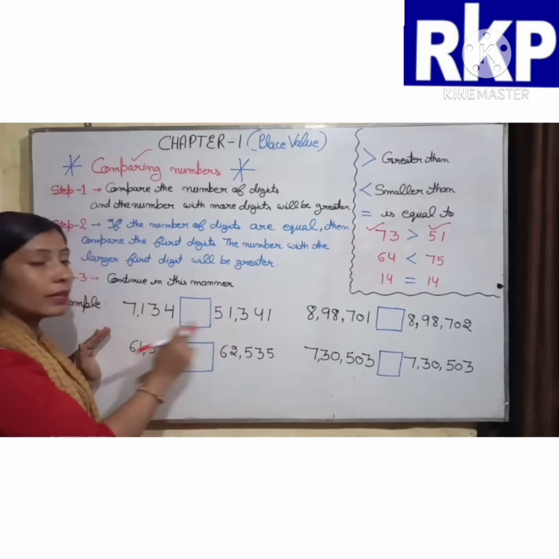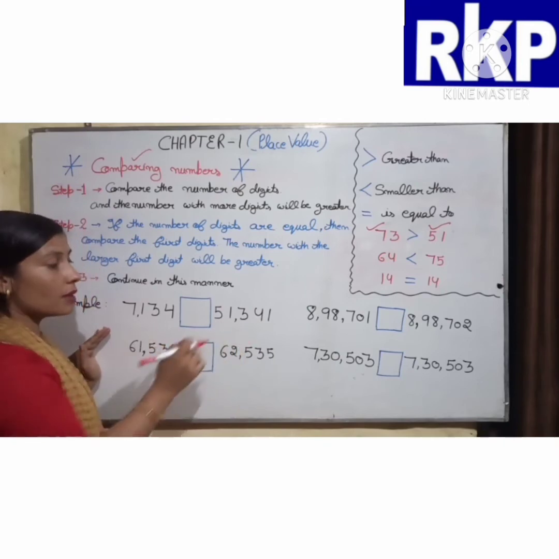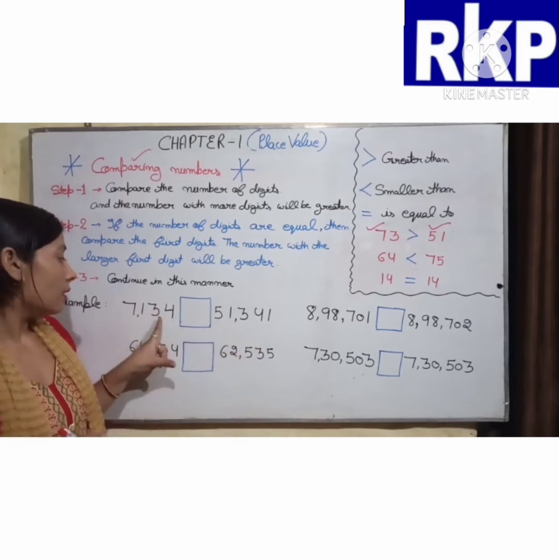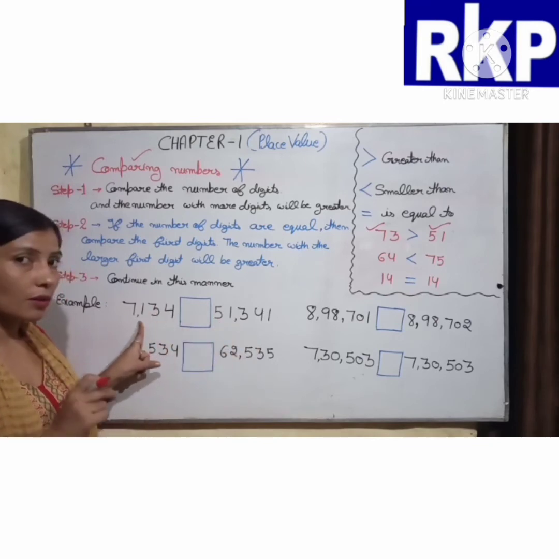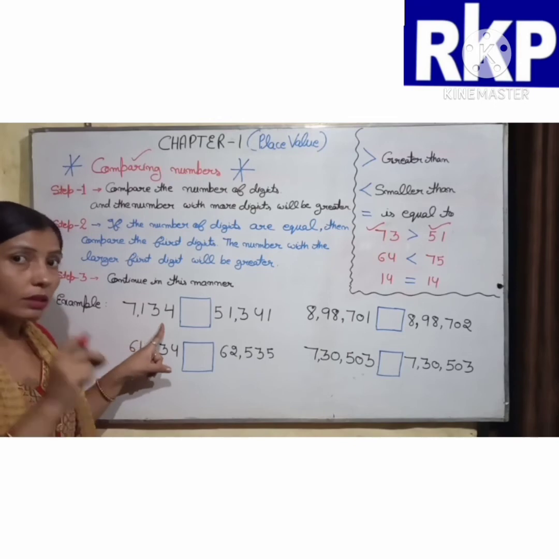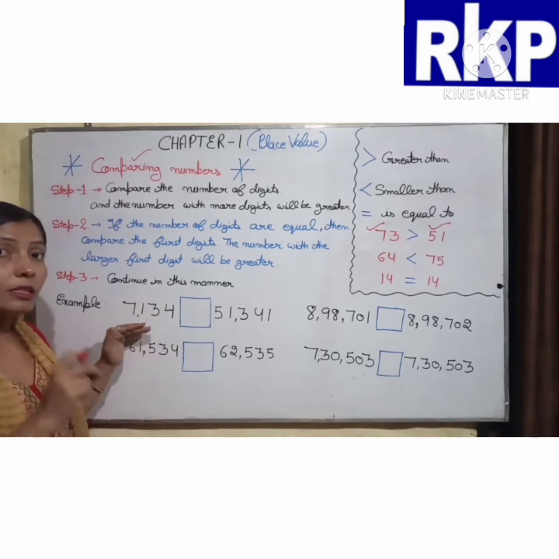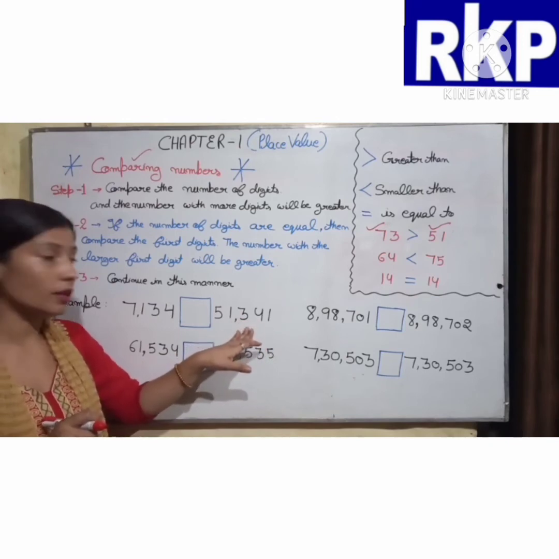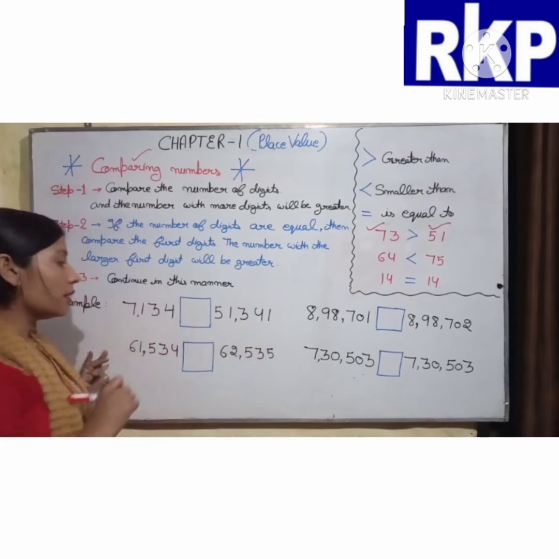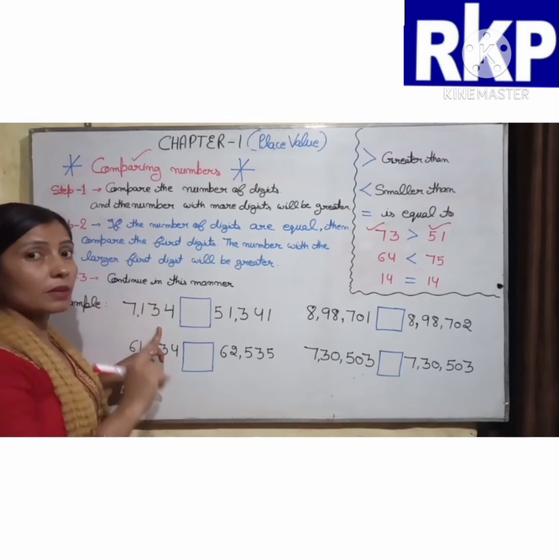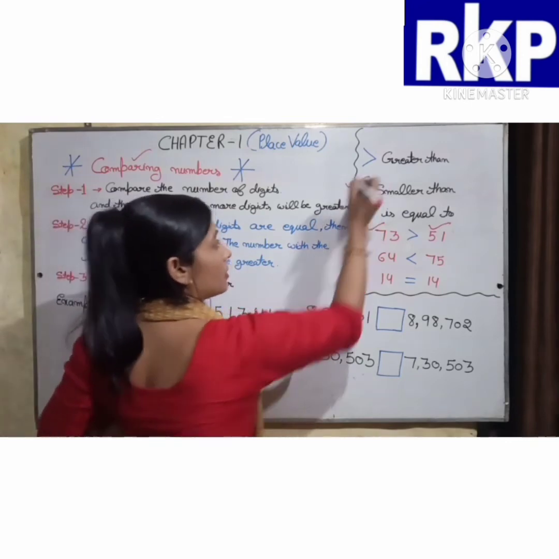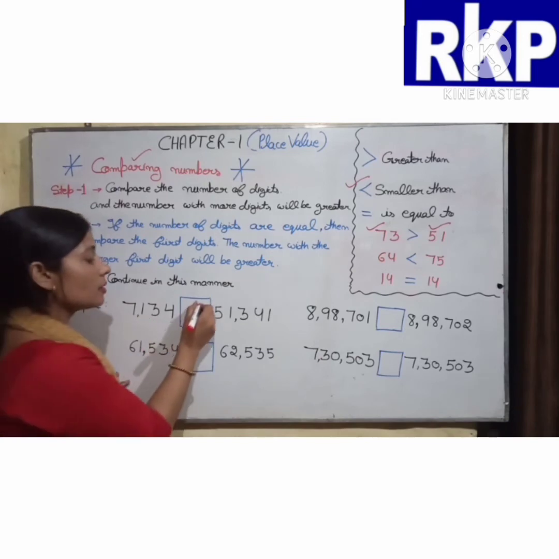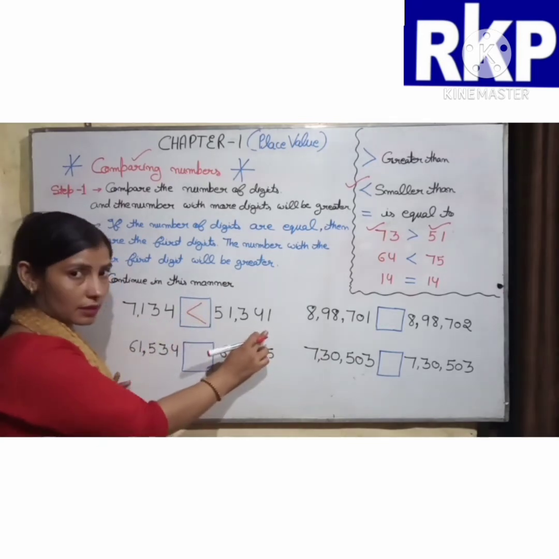So which one is greater? This one, because here we have 5 digits. So 7134 is smaller than 51,341. So here we have to use which symbol? This symbol. 7134 is smaller than this number.